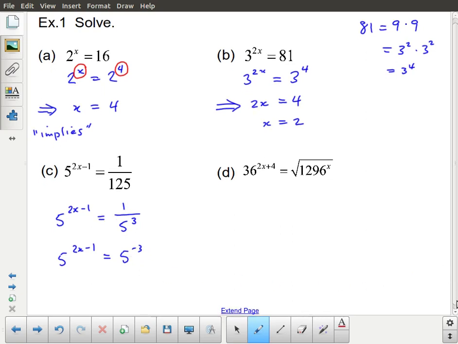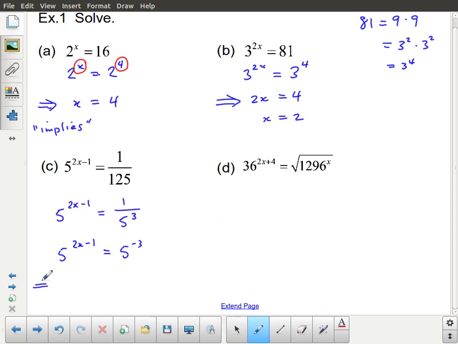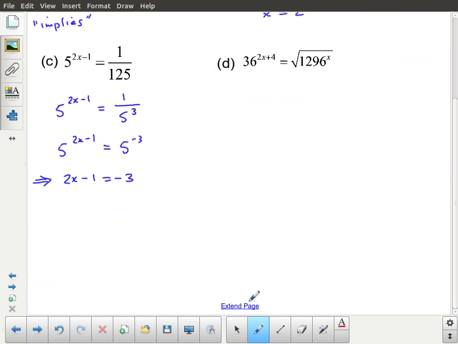And now that I've written that, I have the same bases across the equal sign, so that implies that 2x minus 1 equals negative 3. If I add 1 to both sides, I end up with 2x is equal to negative 2, and dividing both sides by 2, I end up with x is equal to negative 1.